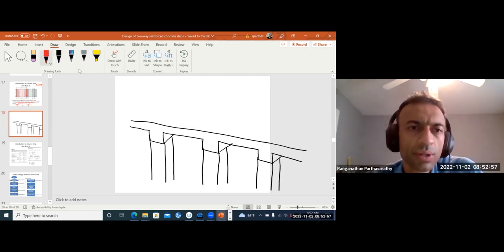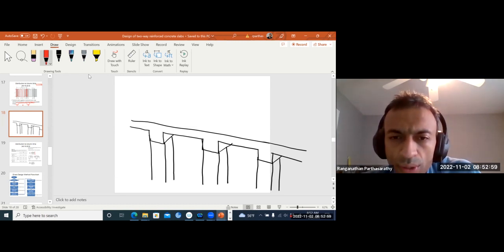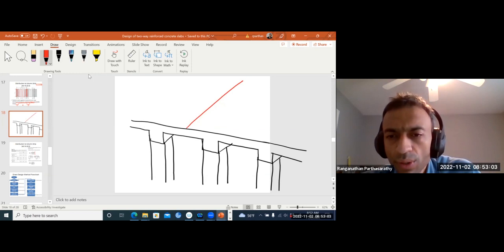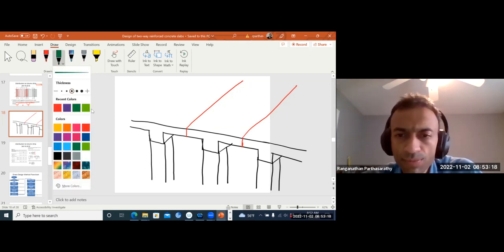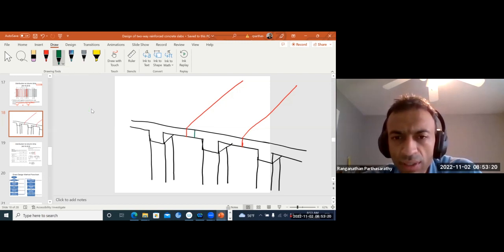Suppose there to there is the column strip. And let's say effective T-beam is here.